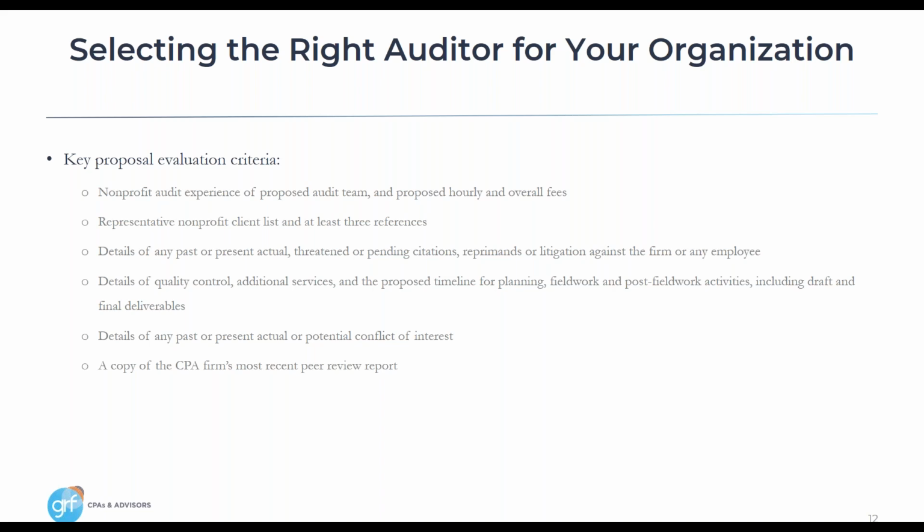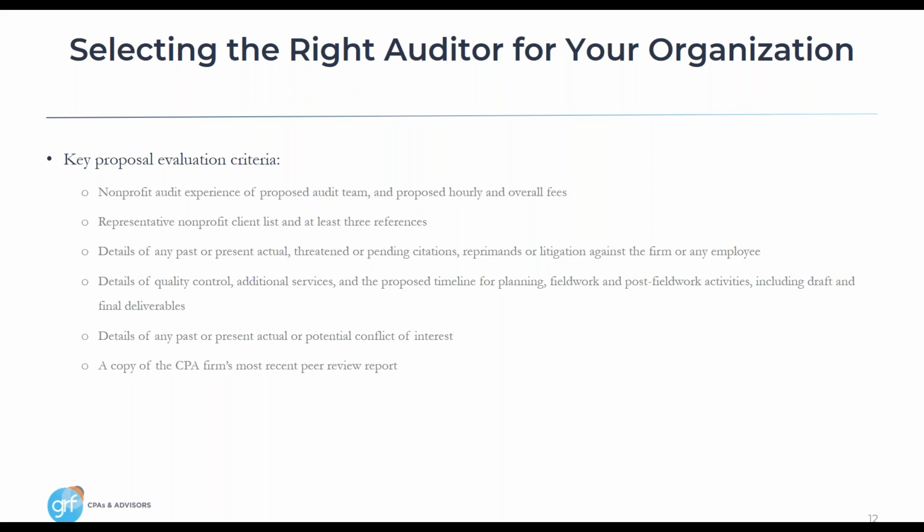Now, just because there is a relationship does not necessarily mean that that audit firm should be precluded from performing an audit, but it's important for you to have all the information that is needed for you to make an independent and informed decision to ensure that there is no threat posed to the independence of that auditor.